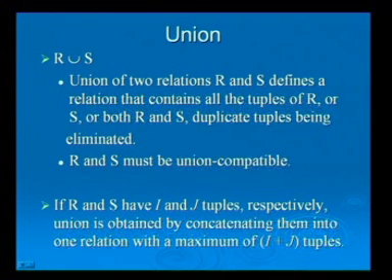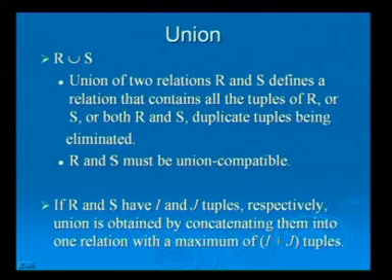I am not sure whether you all are familiar with this word union compatibility. Union compatibility means the degrees of R and S must be the same. That is, if R has 5 attributes or 5 columns, S should also have 5 attributes or 5 columns.